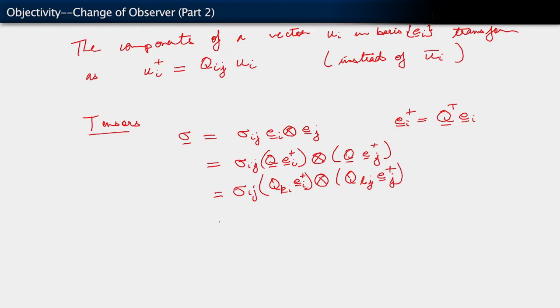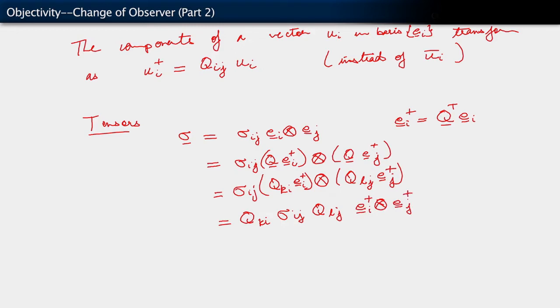Using commutativity of everything, I'm going to write this as Q Ki sigma ij, Q Lj, all of this Ei plus tensor Ej plus.